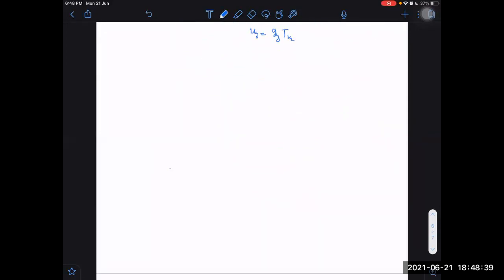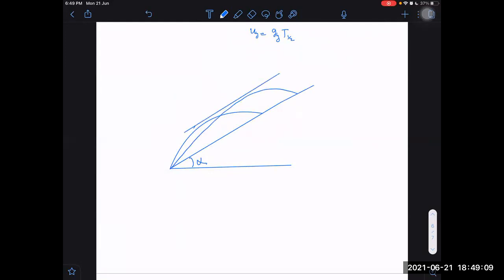If I give you two diagrams with the same angle of inclination alpha, this one and another one, in these two diagrams the maximum height attained is the same.